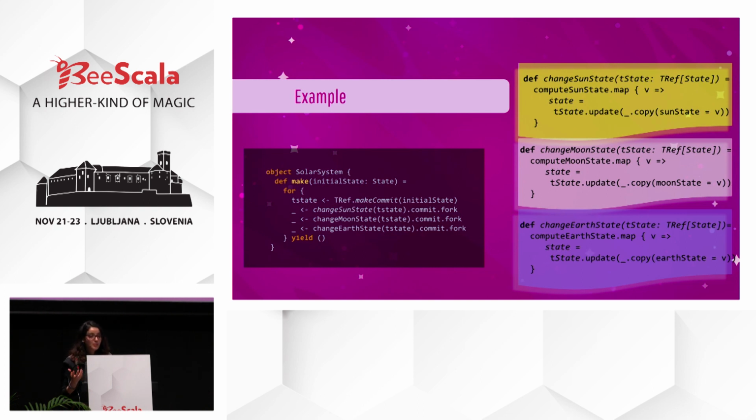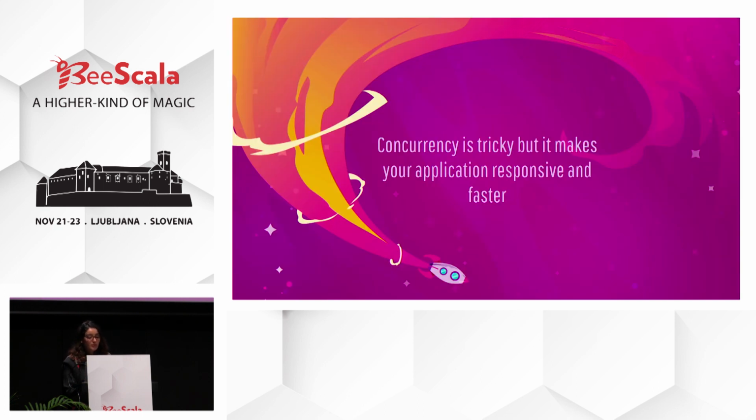With a simple program, we face the complex challenge of concurrency. Even though concurrency is tricky, it's powerful. It makes our applications responsive, and we want to improve the user's experience.